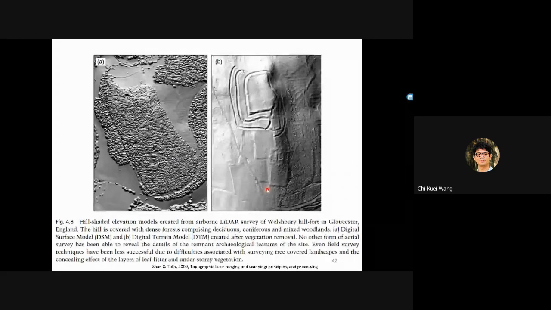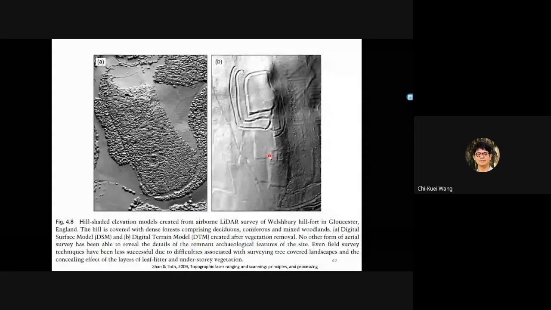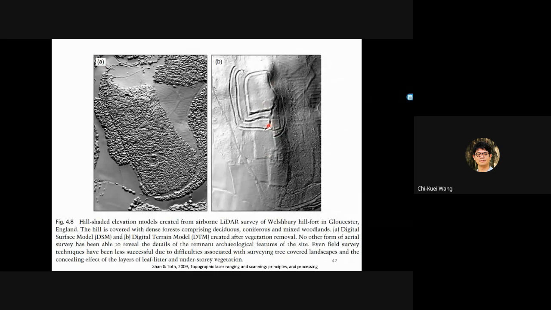The other example is from the UK. They take out the vegetation so they can see some remnants from mid-century, maybe for some archaeological application.